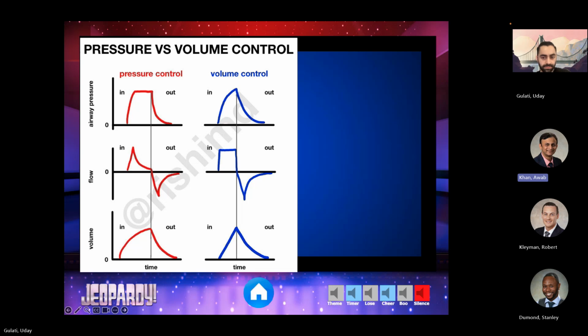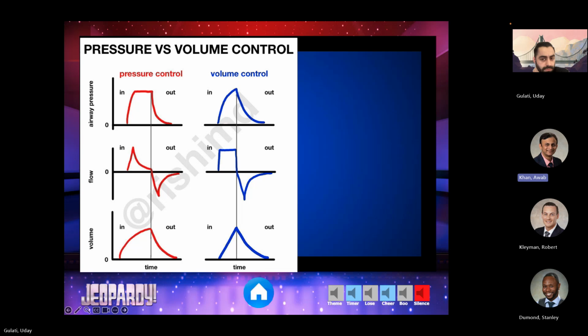So if the pressure is capped off but you have varying pressures with the same volume, that would be VC plus or PRVC. But if the pressure's the same and capped off and the volume is the same, they're nuanced. They probably won't ask you that.